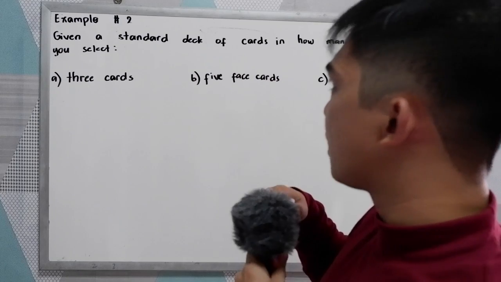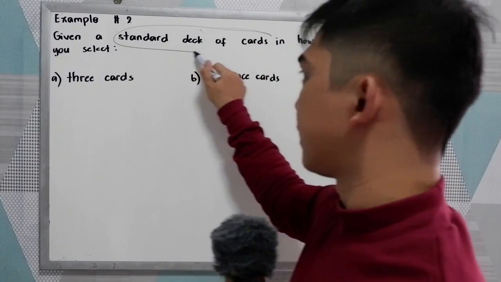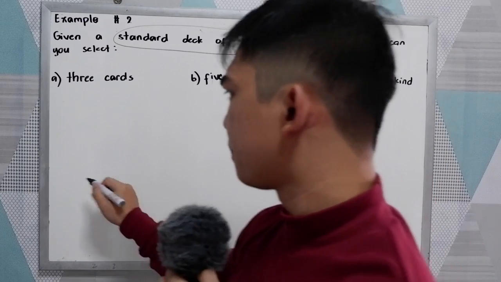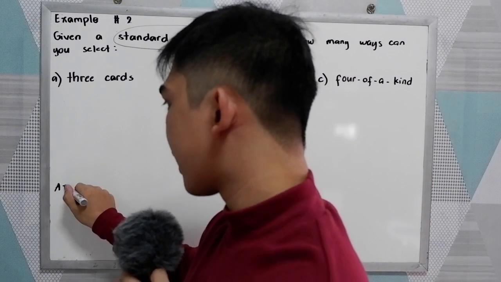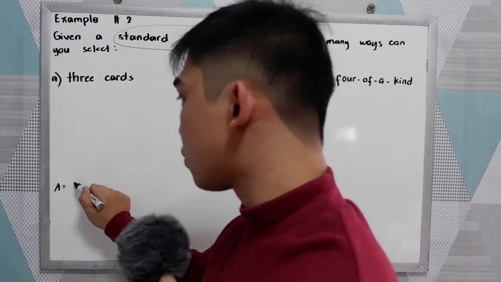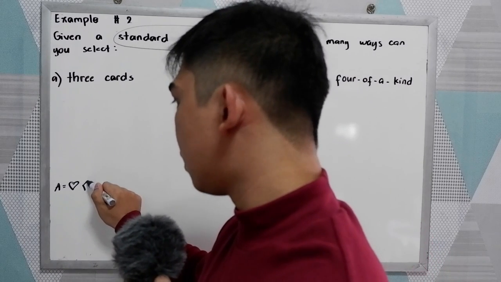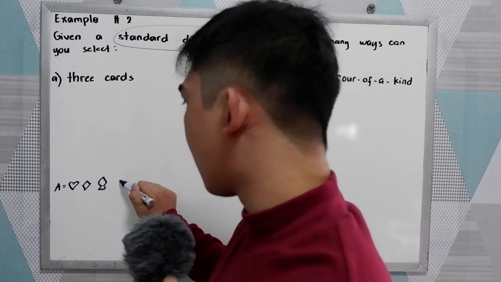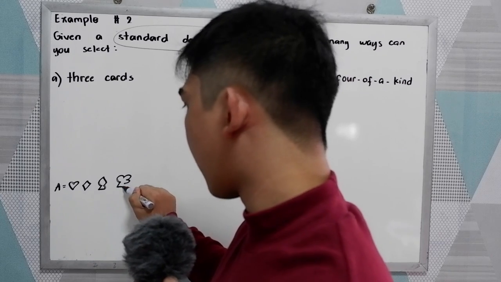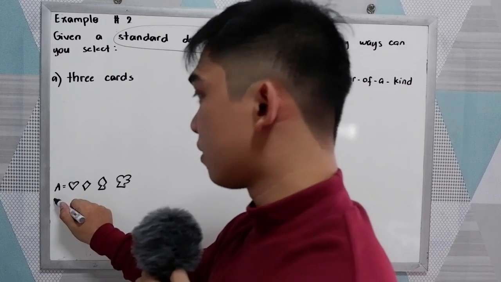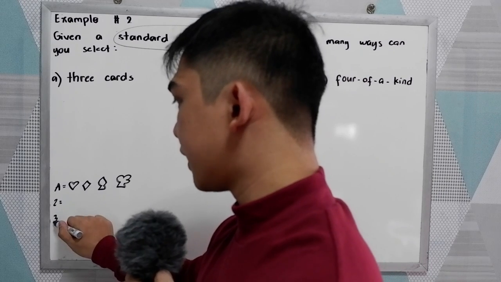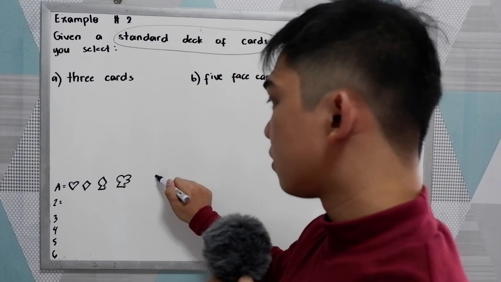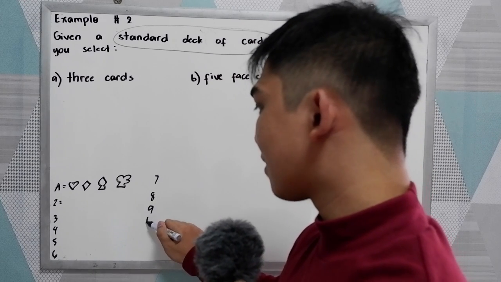So let us first familiarize ourselves with the standard deck of cards. Our standard deck of cards is composed of our aces, and we have 4 different kinds: the heart, the diamond, the spade, and the clover. Also with number 2, 3, 4, 5, 6, 7, 8, 9, 10.